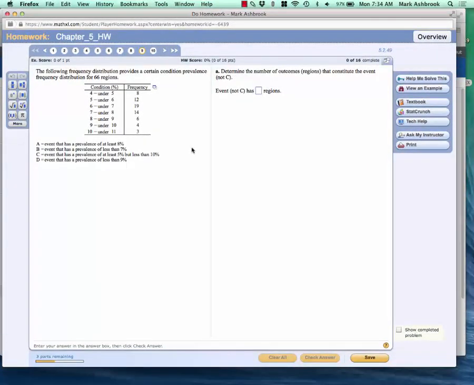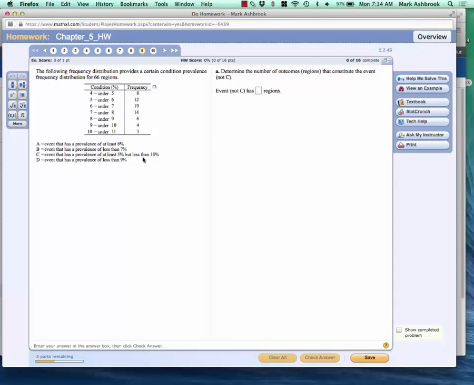Okay, so it says the following frequency distribution provides certain condition prevalence frequency distribution for 66 regions. So this is like the percent of regions and then the frequency. It says determine the number of outcomes that constitute the event not C. So C says the event that a prevalence has of at least 5% but less than 10%.